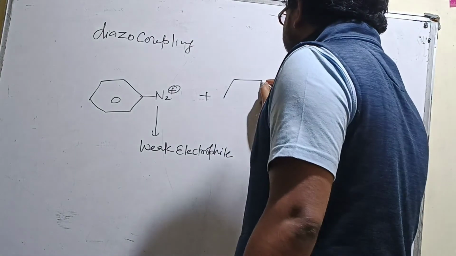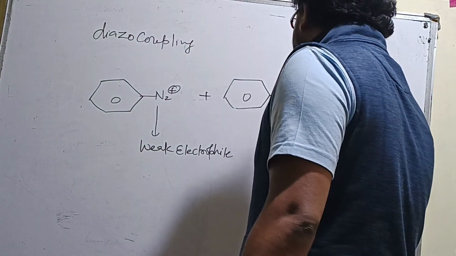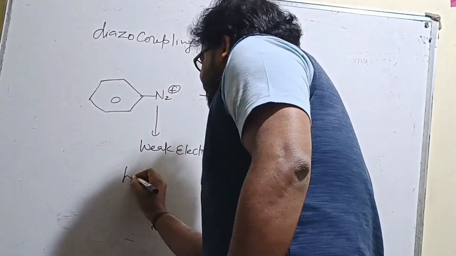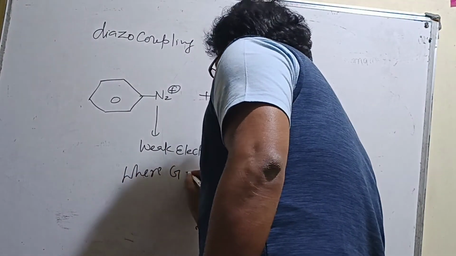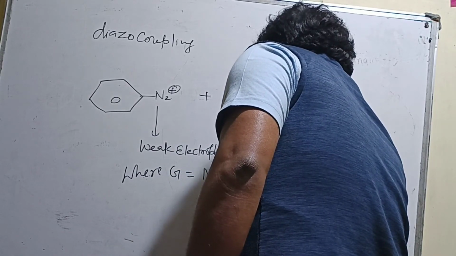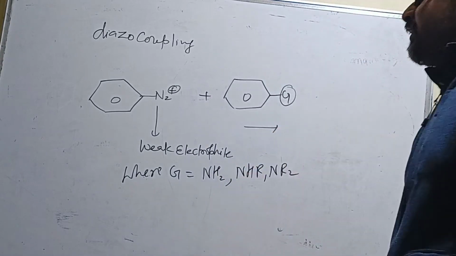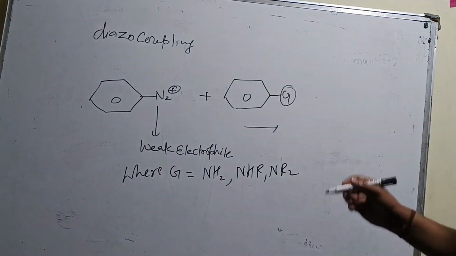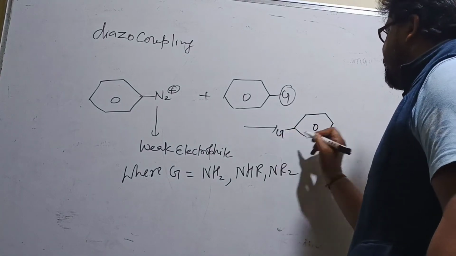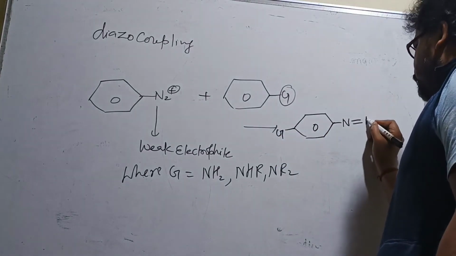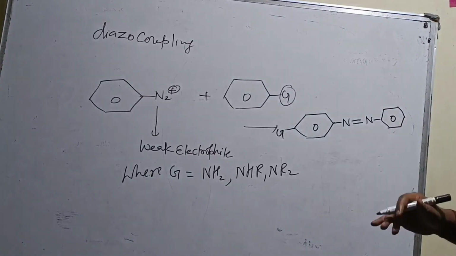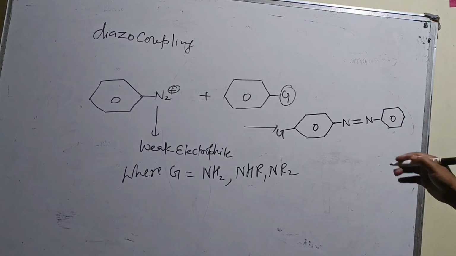So if you have a benzene ring substituted by G, where G can be NH2, NHR, NR2, it simply carries out electrophilic substitution on the benzene ring, and mostly the preferable location will be para. Ortho product will also form in some quantity, or if para is blocked, ortho will form.